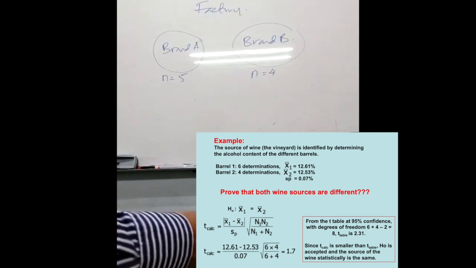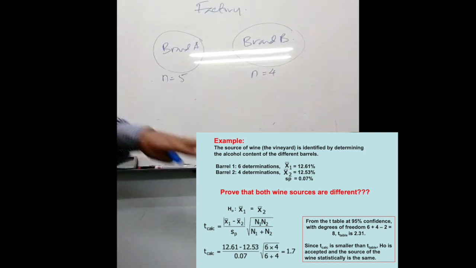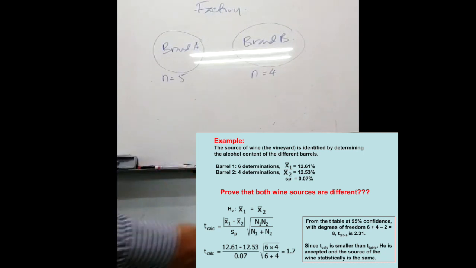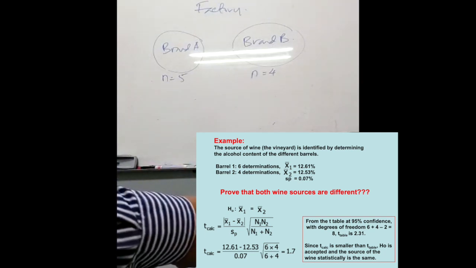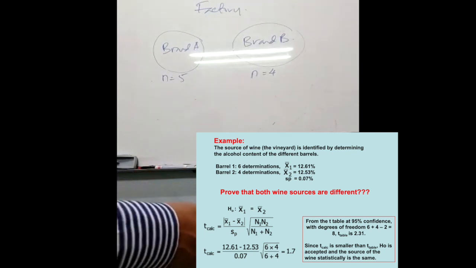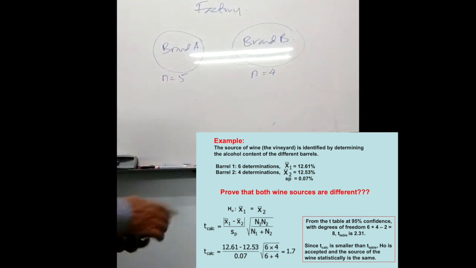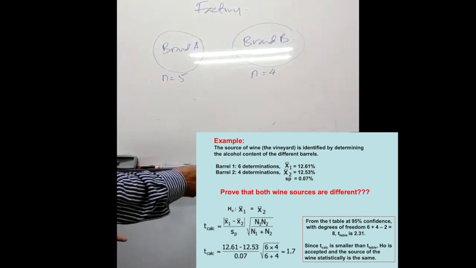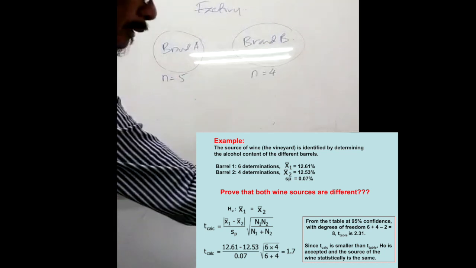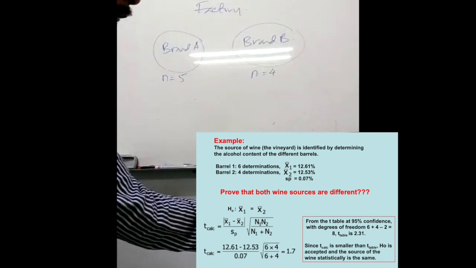From the T table at 95%, because the question does not state what confidence level to use, we use 95%. The degrees of freedom are 6 plus 4, the number of replicates, minus 2, because we have two sets of data, set 1 and set 2. So the degrees of freedom is 8.